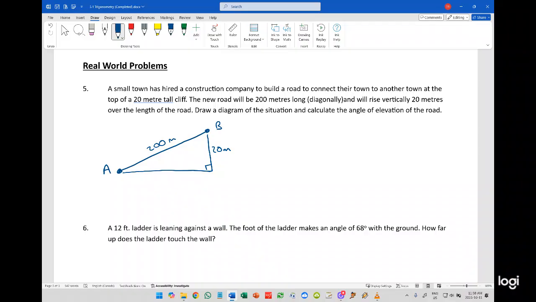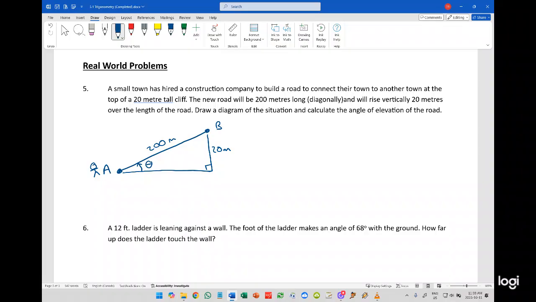Okay, so what it's looking for is an angle of elevation. So we'll pretend that we're over here in our city A. Angle of elevation basically says how far do you have to look up as an angle to see B. So we start here and we go up to there, and that's our angle of elevation.